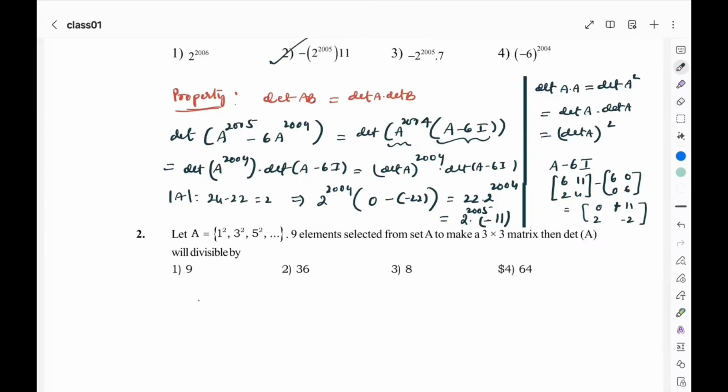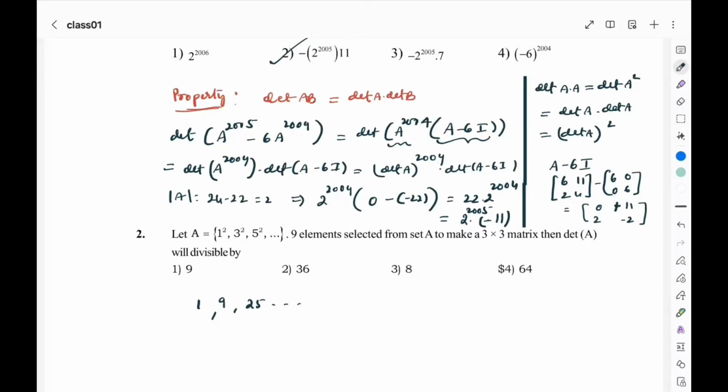So in this, whatever number you consider, all here are 9, 25.